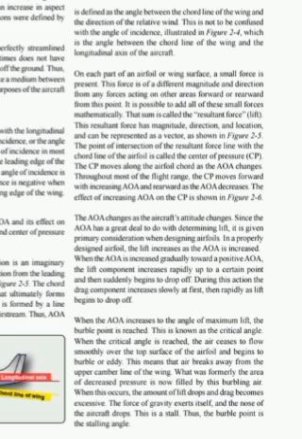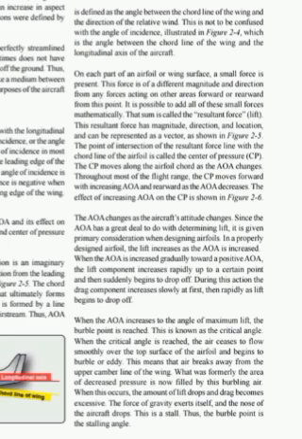Since the angle of attack has a great deal to do with determining lift, it is given primary consideration when designing airfoils. In a properly designed airfoil, the lift increases as the angle of attack is increased. When the angle of attack is increased gradually toward a positive angle of attack, the lift component increases rapidly up to a certain point and then suddenly begins to drop off.